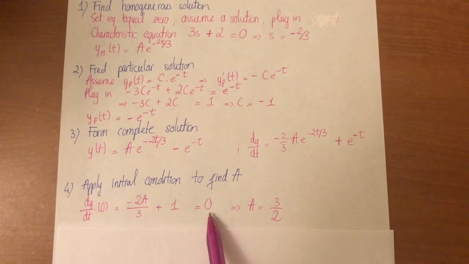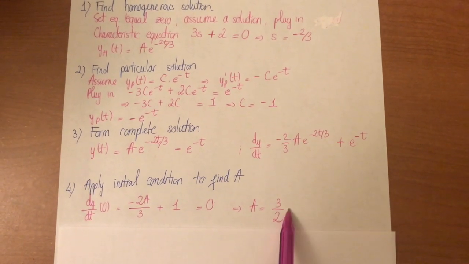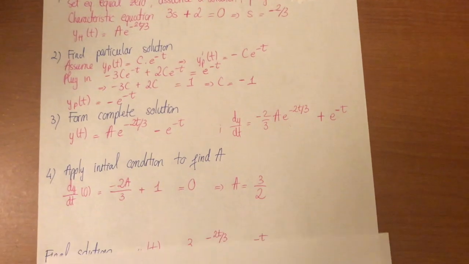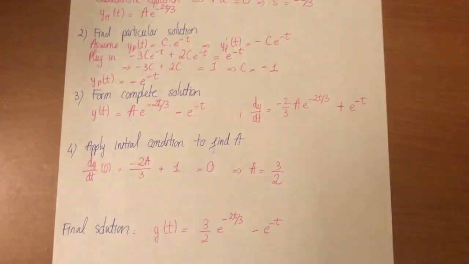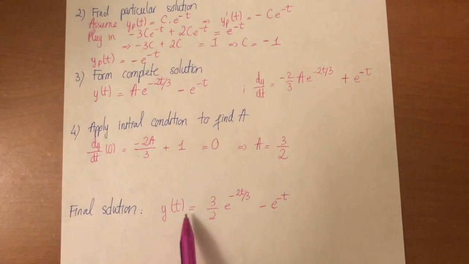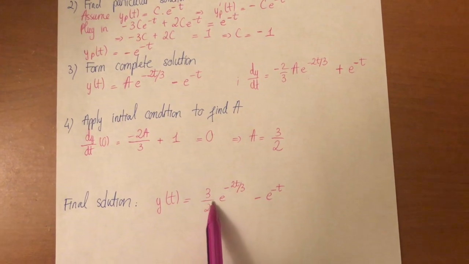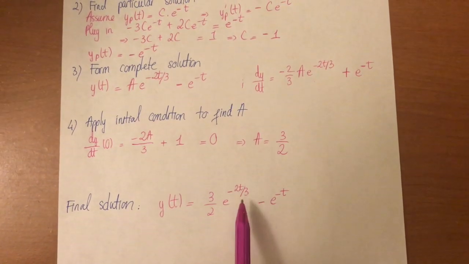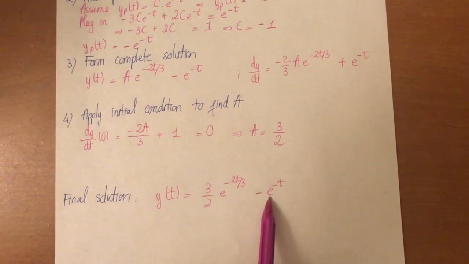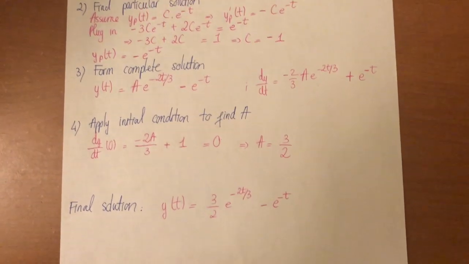So this equals 0, and we find a to be 3 over 2. We put it all together to find the final solution: y(t) equals 3 over 2 e to the minus 2t over 3 minus e to the minus t.